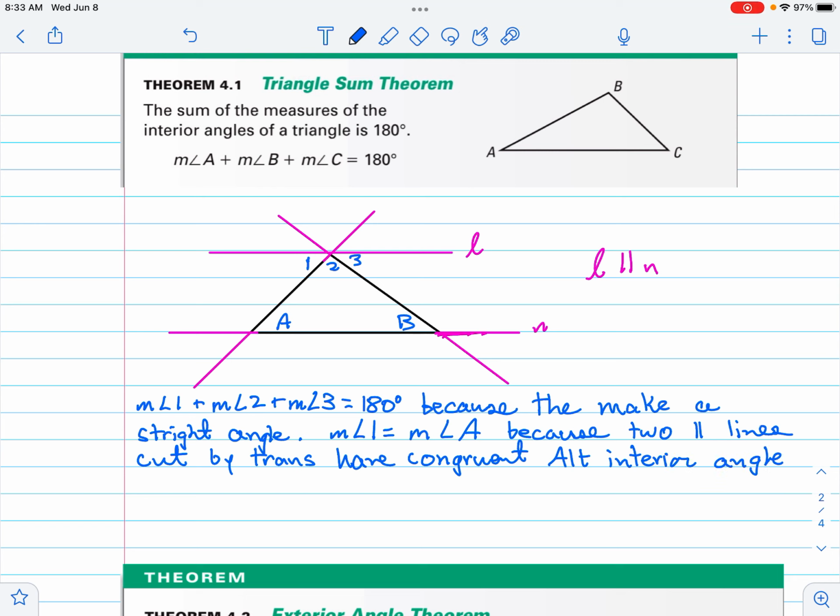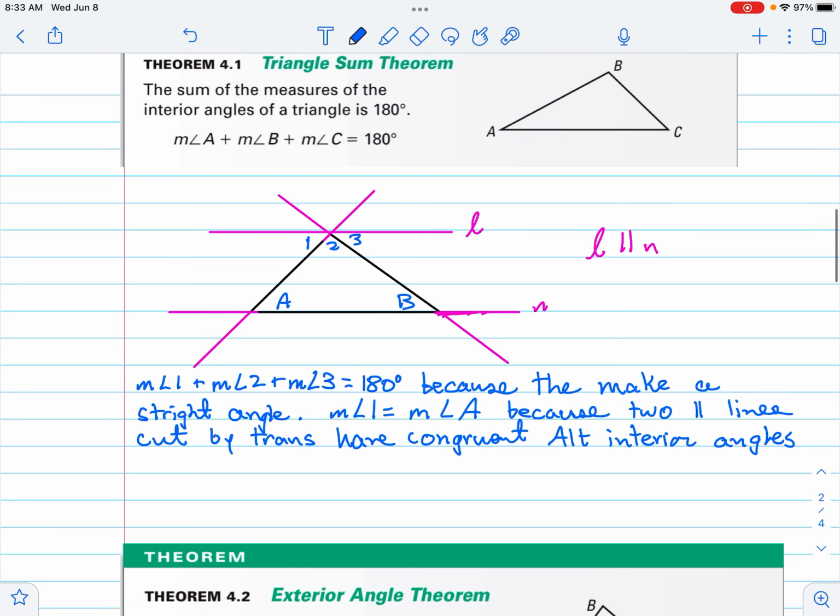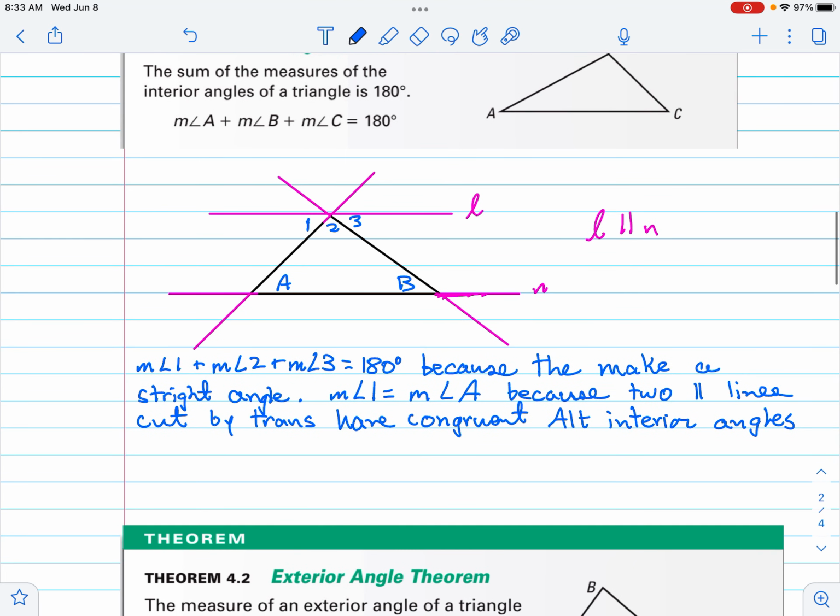Now, in the same way, likewise, the measure of angle 3 is equal to the measure of angle B.